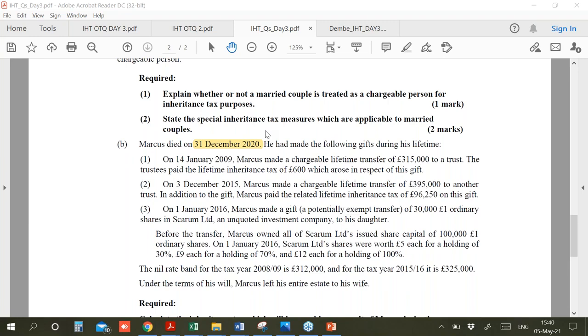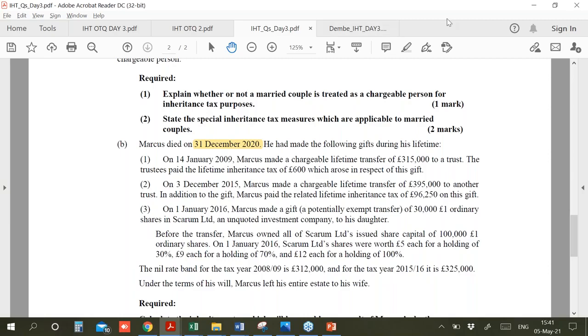We will add, because it is clearly written here that Marcus has paid the tax. Marcus paid the related lifetime inheritance tax of 96,250.